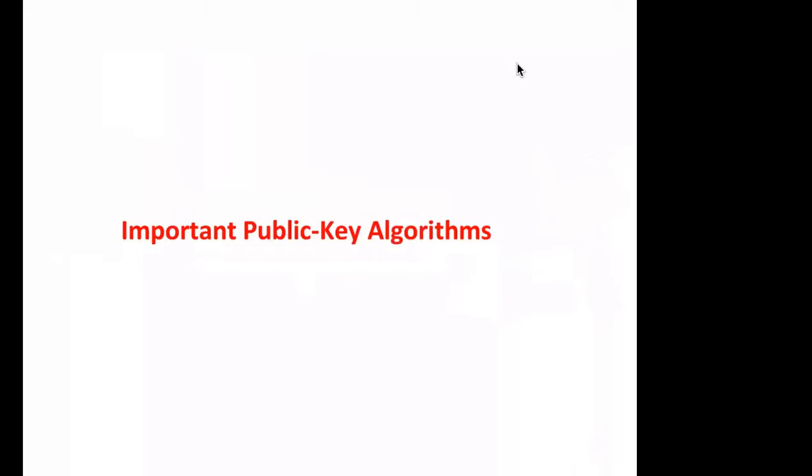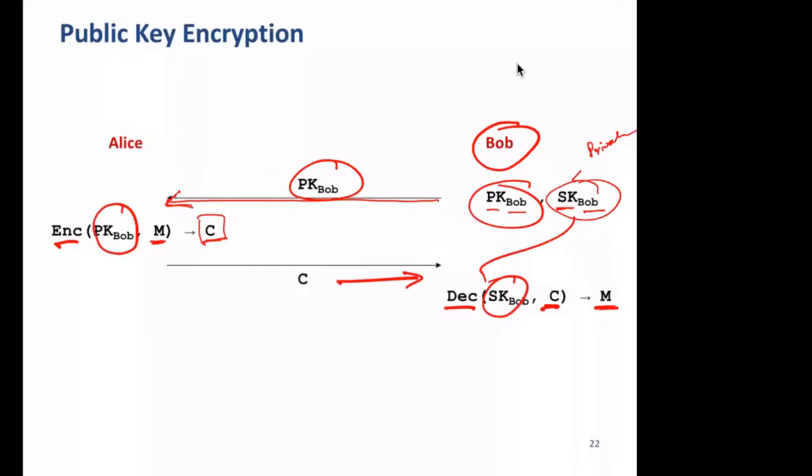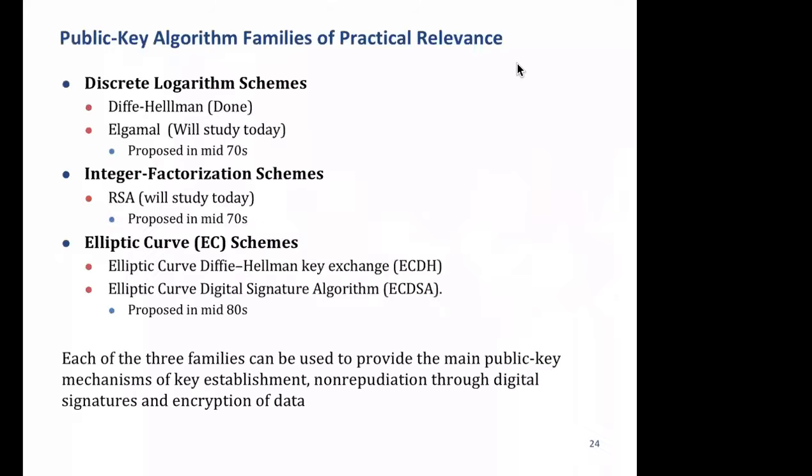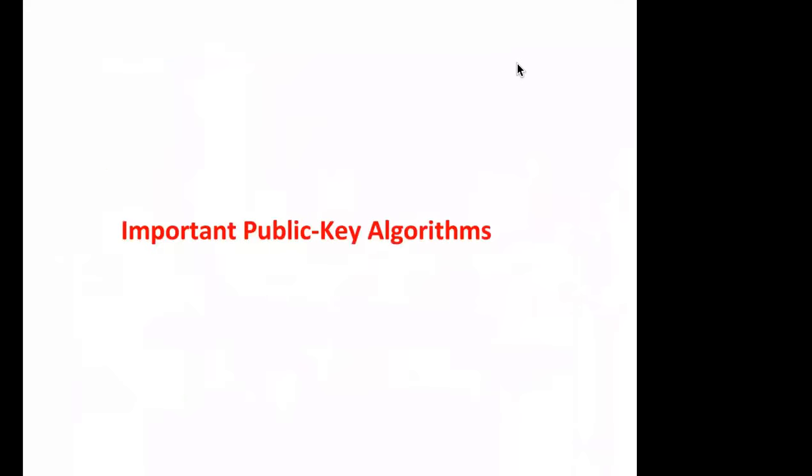All right, so this is what we discussed at the very top level. This is how it happens. Now the question is, how do you implement this? There are various algorithms. Of course, this is for key exchange. Again, I'm not giving this specifically for public key encryption.